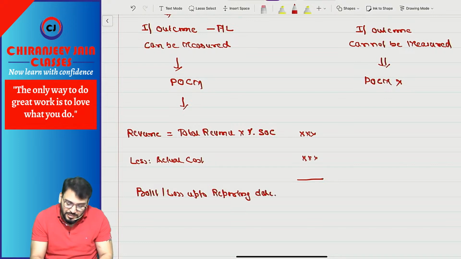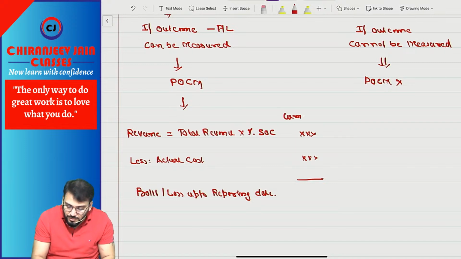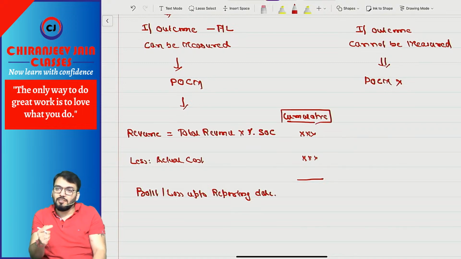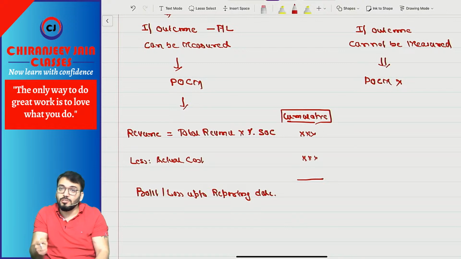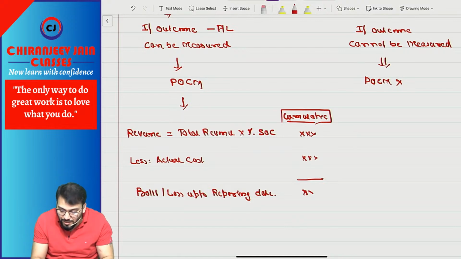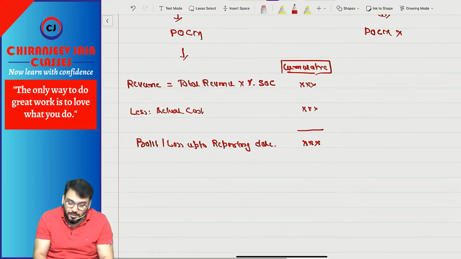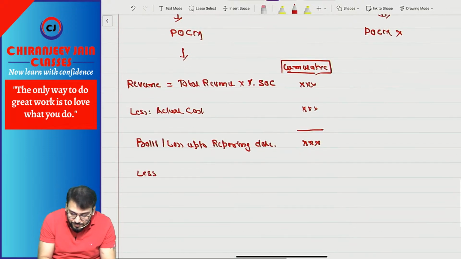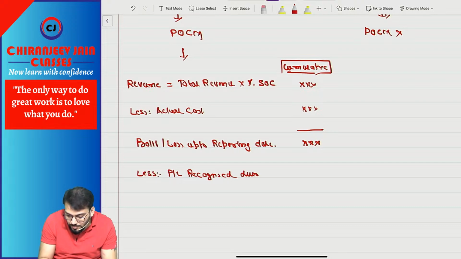Now this basically we calculate on a cumulative basis. I will suggest you calculate on a cumulative basis. Cumulative basis means, if it is year 1, first calculate only for year 1. If it is year 2, then calculate for year 1 plus year 2. So this profit is for the cumulative years. From this we deduct the profit or loss recognized during the prior year.